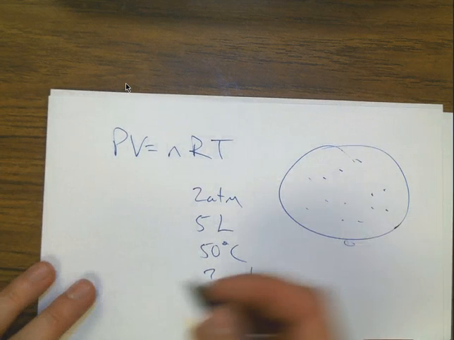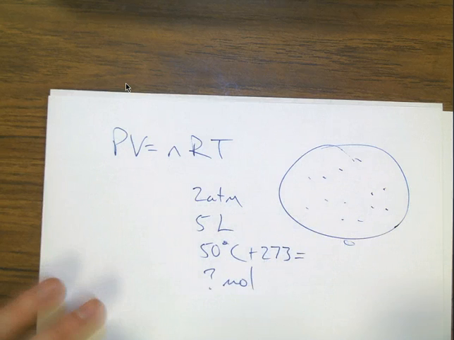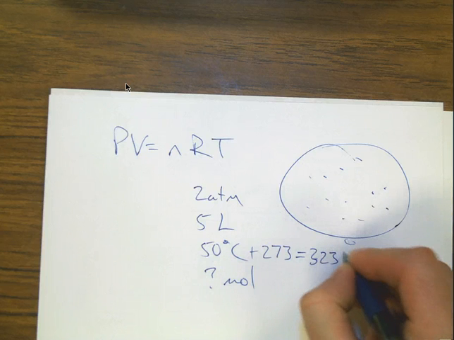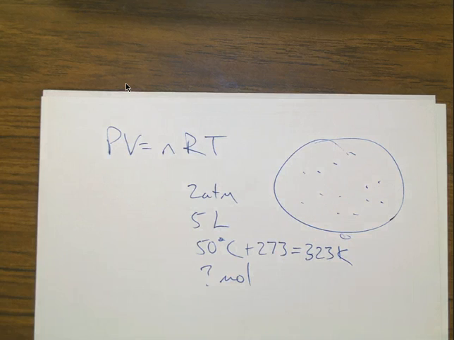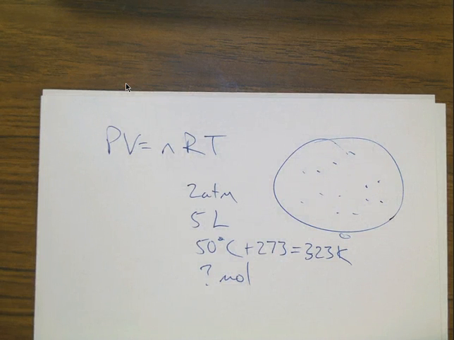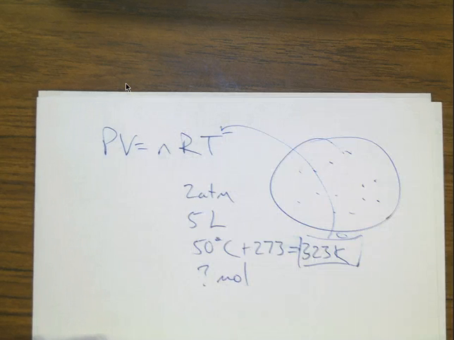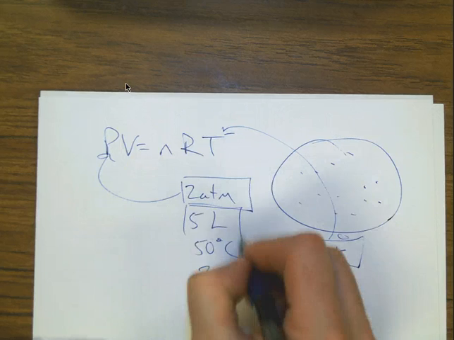So what I do is I plug all of these numbers in. Of course, in every gas problem, no matter what, the temperature always has to be represented in Kelvin. You have to add 273 to figure that out. When you do that, then you take this number, plug it in there, take this number, plug it in there, and take this number, plug it in there.